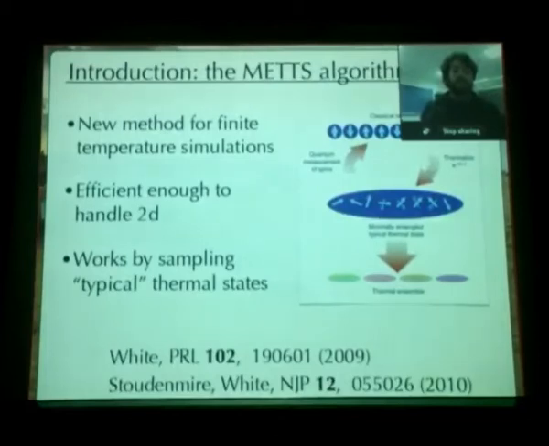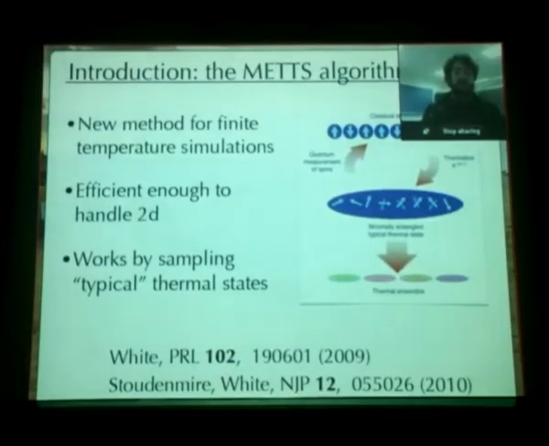Just by way of introduction, this is a method for doing finite temperature simulations, and it's very efficient. It solves many of the efficiency issues that were present in attempts to do finite temperature DMRG. It works as a sampling method, a type of Monte Carlo method, but one that does not have a sign problem. It samples finite temperature states that we call typical thermal states.